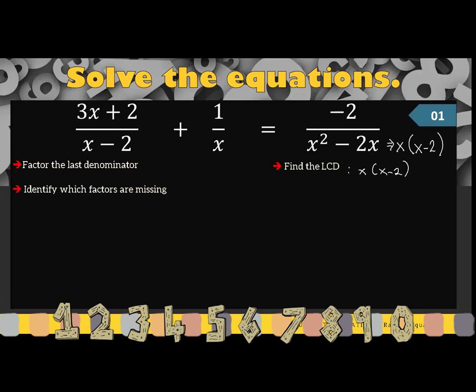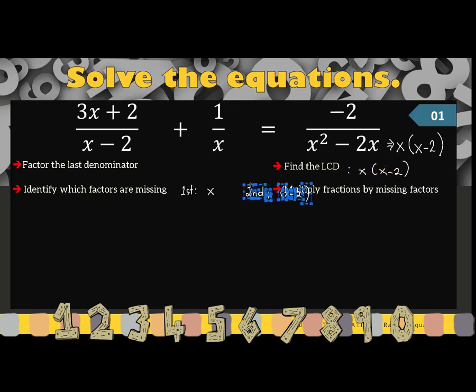Now, we need to identify which factors are missing. For our first rational expression, since we have x minus 2 and the LCD is x times x minus 2, the missing factor is x. The second rational expression, we have 1 over x. LCD again is x and x minus 2. In this case, the missing factor is x minus 2.